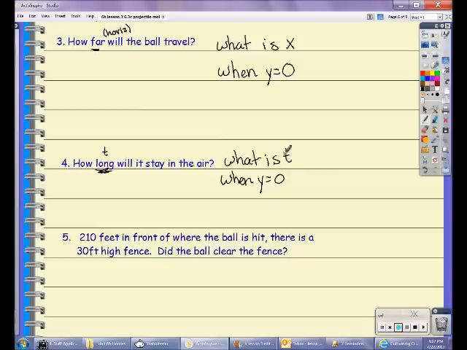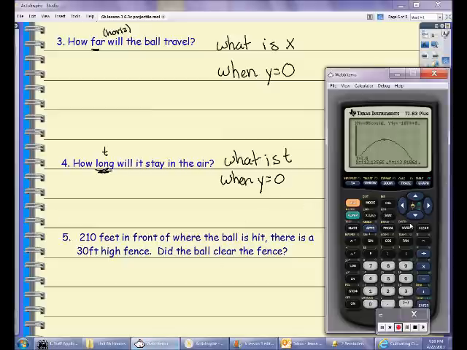For both of these, once again, you can do it algebraically. I'll show you at the end of the video how to do it algebraically. But the easiest way to do this without calculus is to use the trace function, which I will admit is not the easiest function to use. Well, no, it's not hard. It's just tedious. So you have to wait, focus on your y, look for when it goes negative.